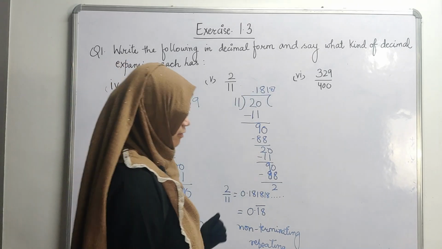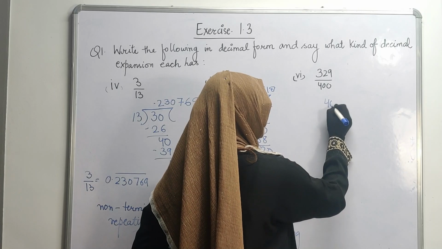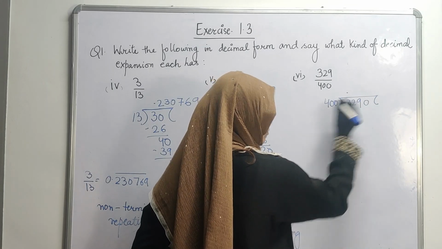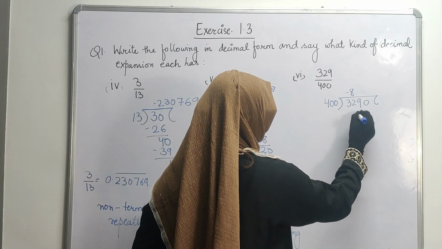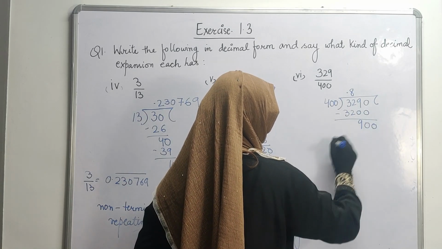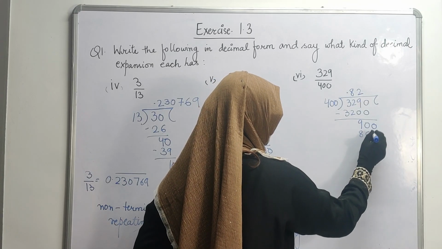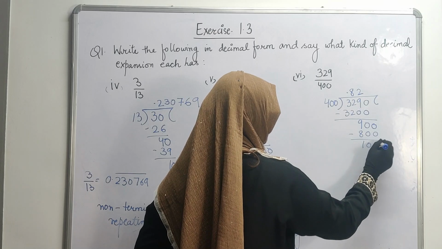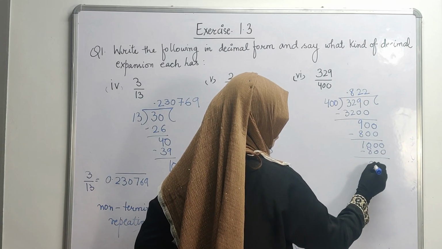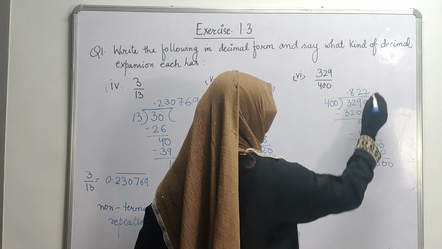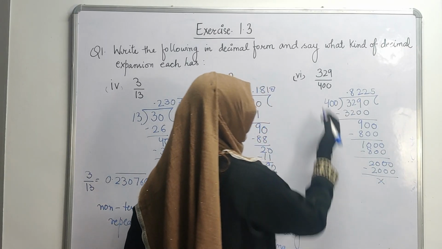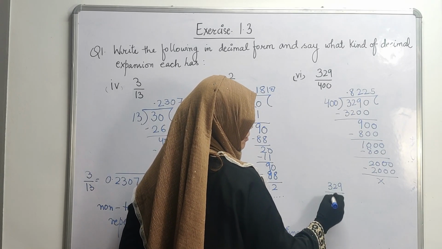Let us take 329 divided by 400. The decimal expansion of 329 divided by 400.